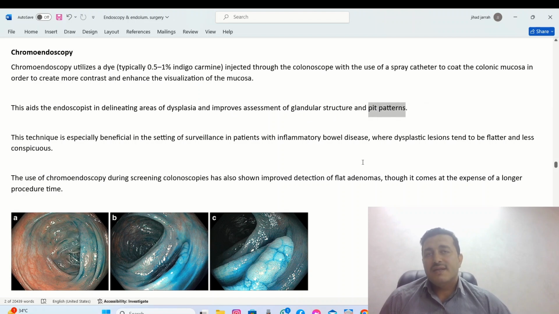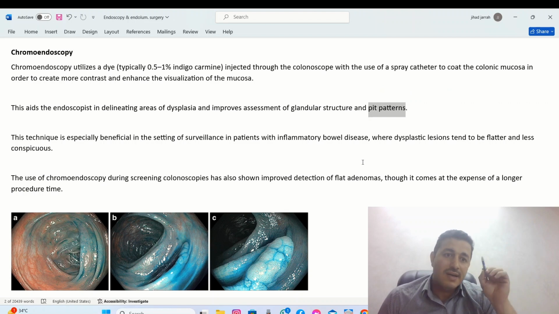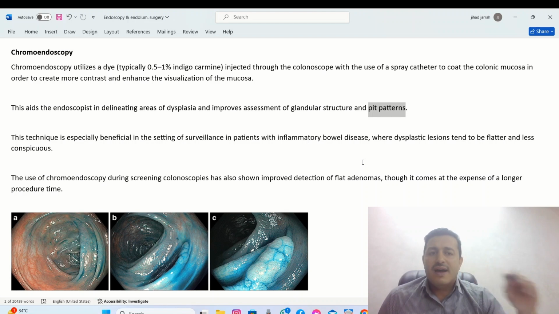The pit pattern is in the top of the polyp, whether malignant or benign; there is a slit. The shape of the slit is called the pit pattern, and it can look like stars. Actually, it has a classification we will talk about when we talk about endoluminal surgery.